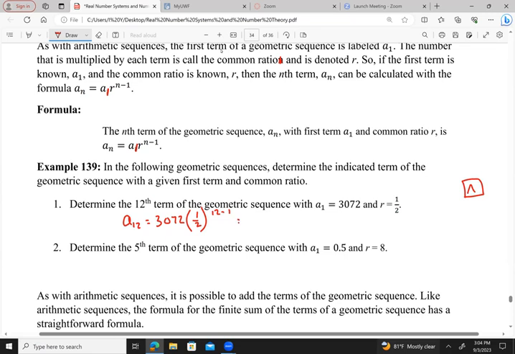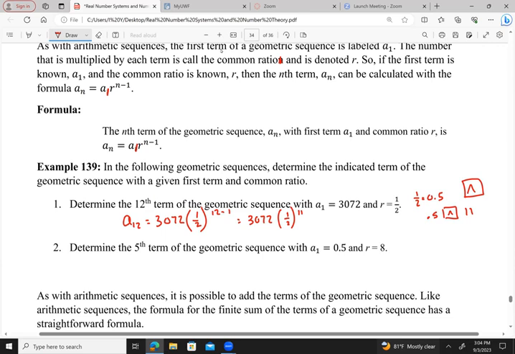Because what we're looking at here is 3072 times 1/2 to the 11th power. We know 1/2 on our calculator is 0.5. So we would put 0.5, then this caret button, then 11, and then equals or enter, depending on your calculator.